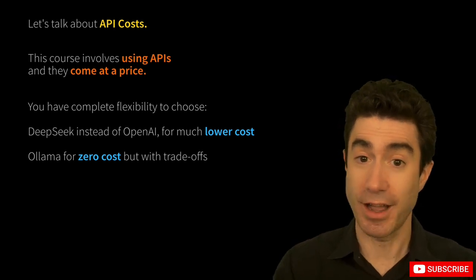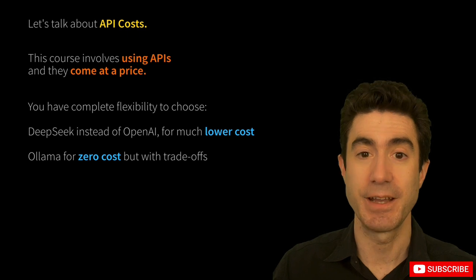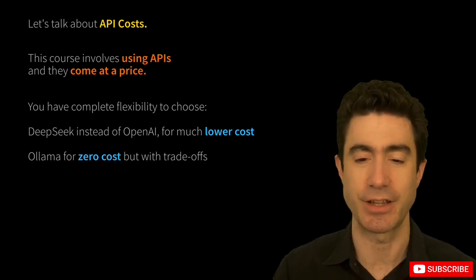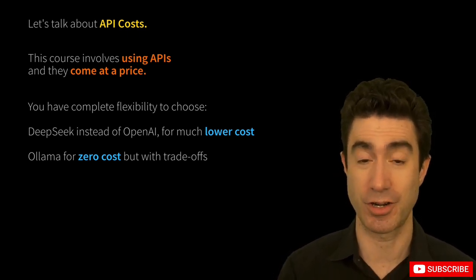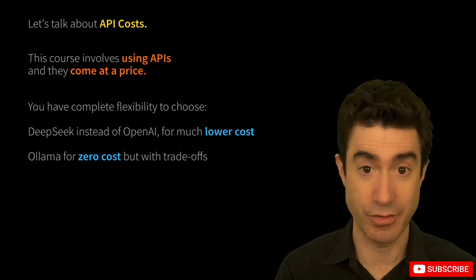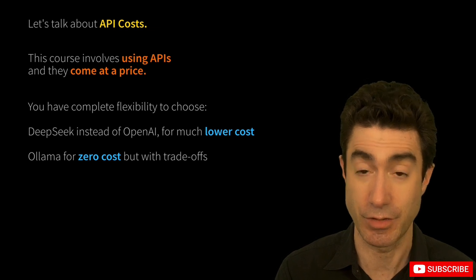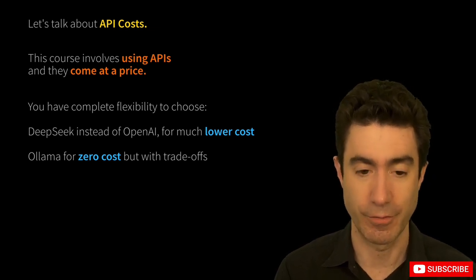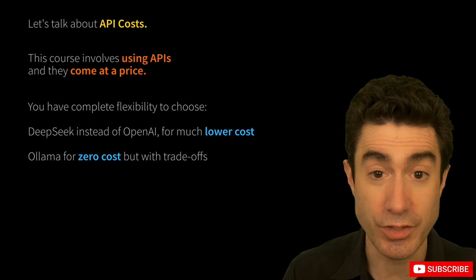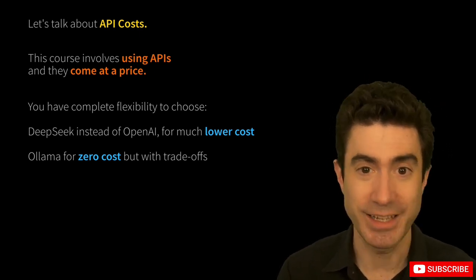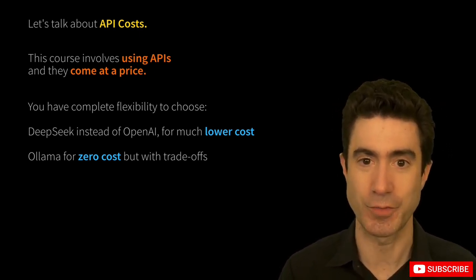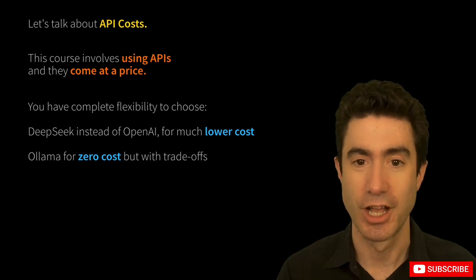I use both OpenAI and DeepSeek, but you can choose to only use DeepSeek throughout for a much lower cost. And Gemini you can also use, and right now Gemini has a free tier. I don't know how long that will last, but you can use Gemini for free for most of the course. You can also use Ollama completely free, just running open source models locally on your computer, no cost at all.